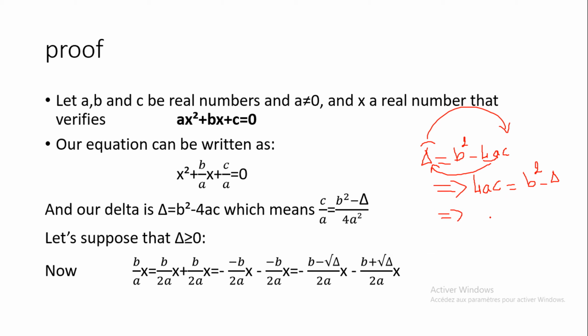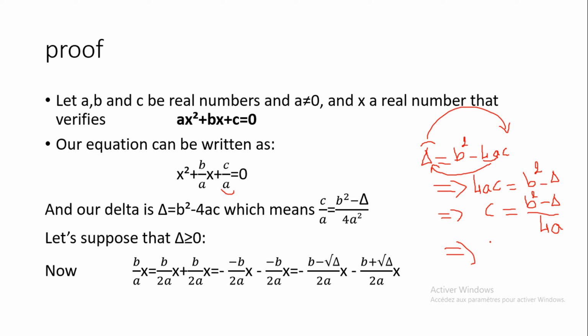We divide by 4a in the left hand side and the right hand side. We get b squared minus delta over 4a. We have here c over a, so we're gonna look for c over a here.